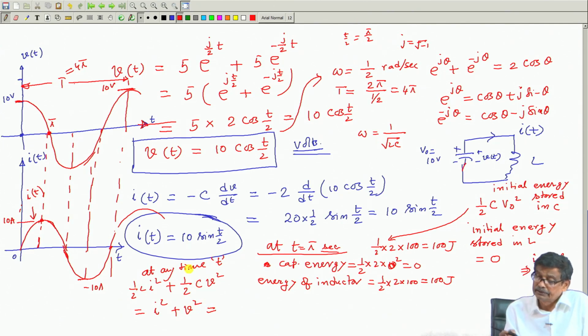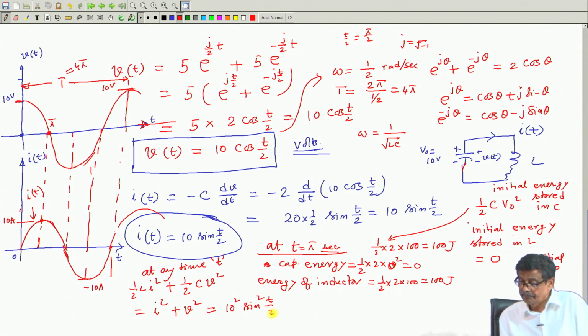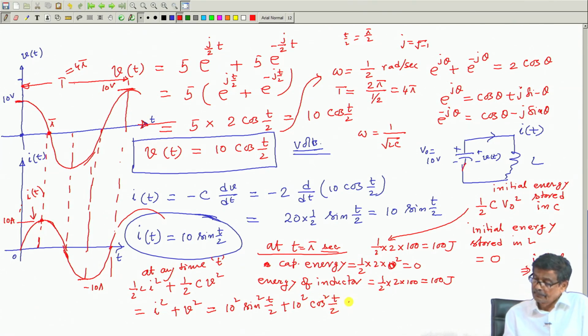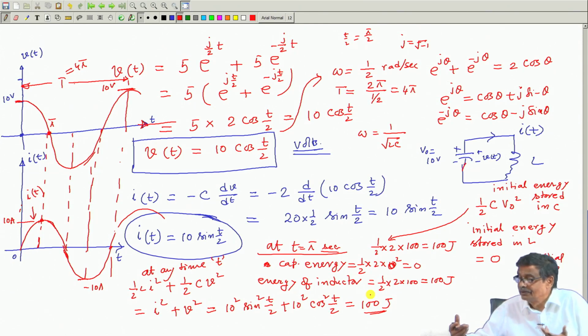What is I square? I square is 10 square sin square t by 2 plus 10 square cosine square t by 2, and that will be equal to always 100 joule. That is this, you started with 100 joule, no one is there to dissipate that energy.